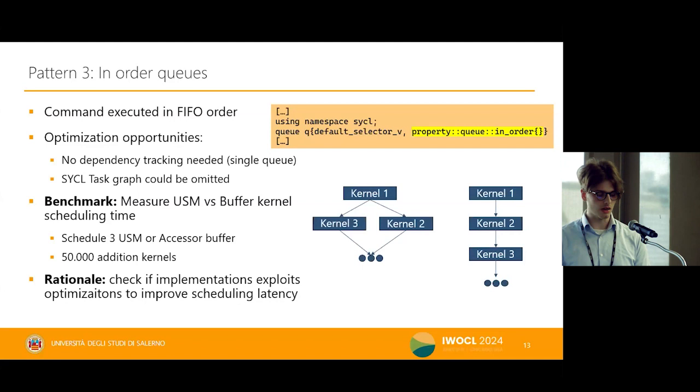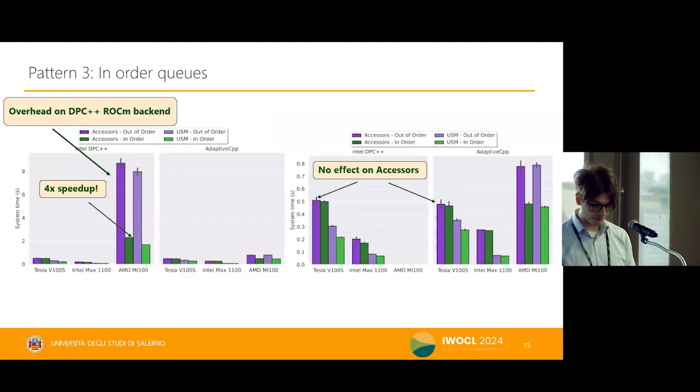The benchmark is basically made of three USM or buffers, using a NOP kernel, one after the other, and we try to measure the latency of the kernel, and check whether the implementation exploits some optimization on this side to improve the scheduling latency.